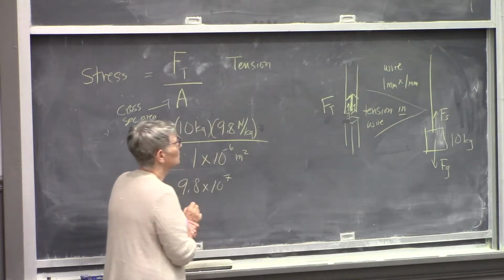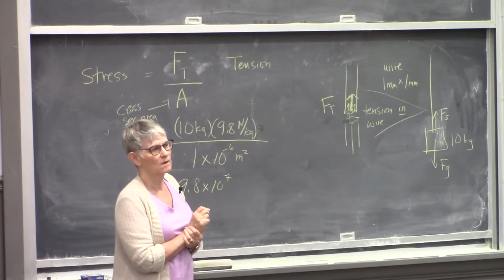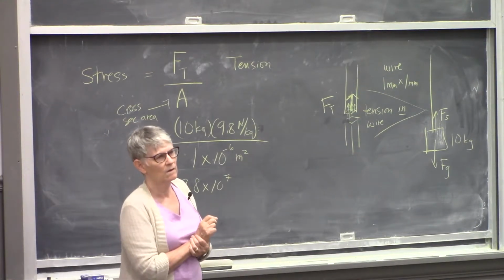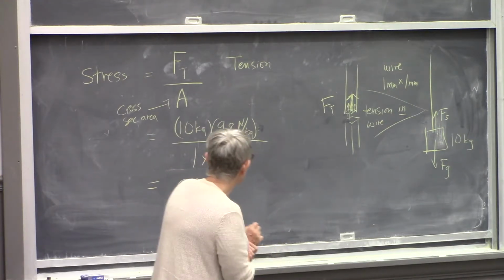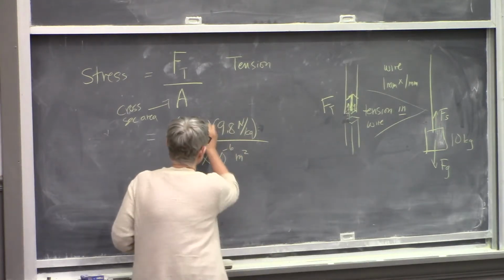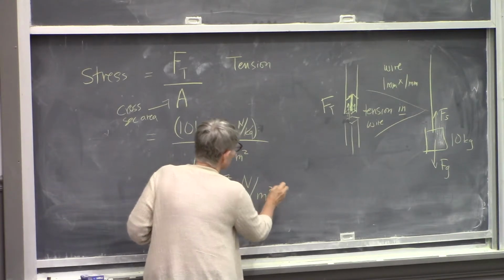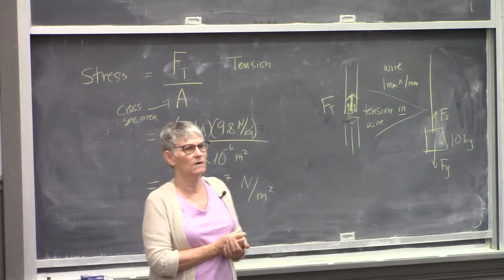What are the units going to be? We've got meters squared in the denominator and newtons in the numerator. Looks like it's going to be newtons per square meter, right?